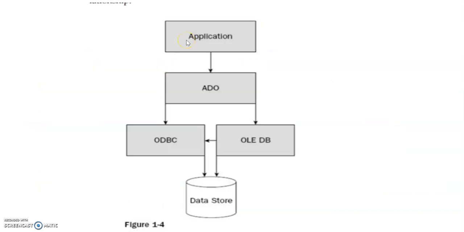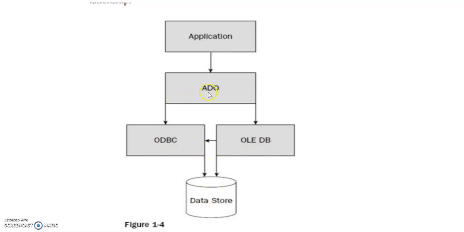See this picture. This diagram indicates how exactly ADO connects to your data store. The application uses ADO, which connects to ODBC if the data provider is of the ODBC kind, and if it is OLEDB, then it can also interact with OLEDB, and then ODBC and OLEDB directly interact with the data store.